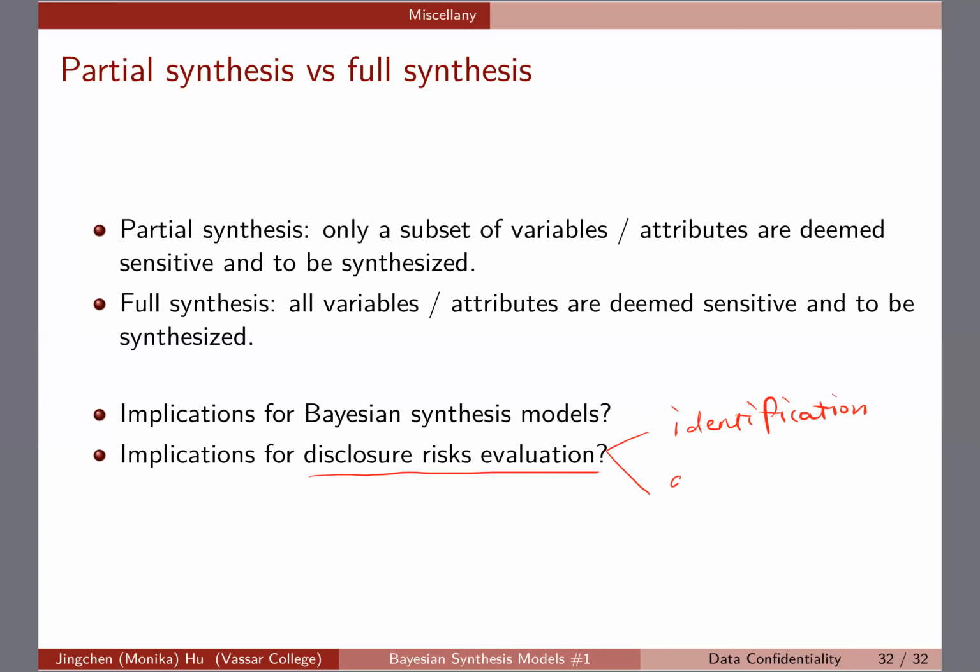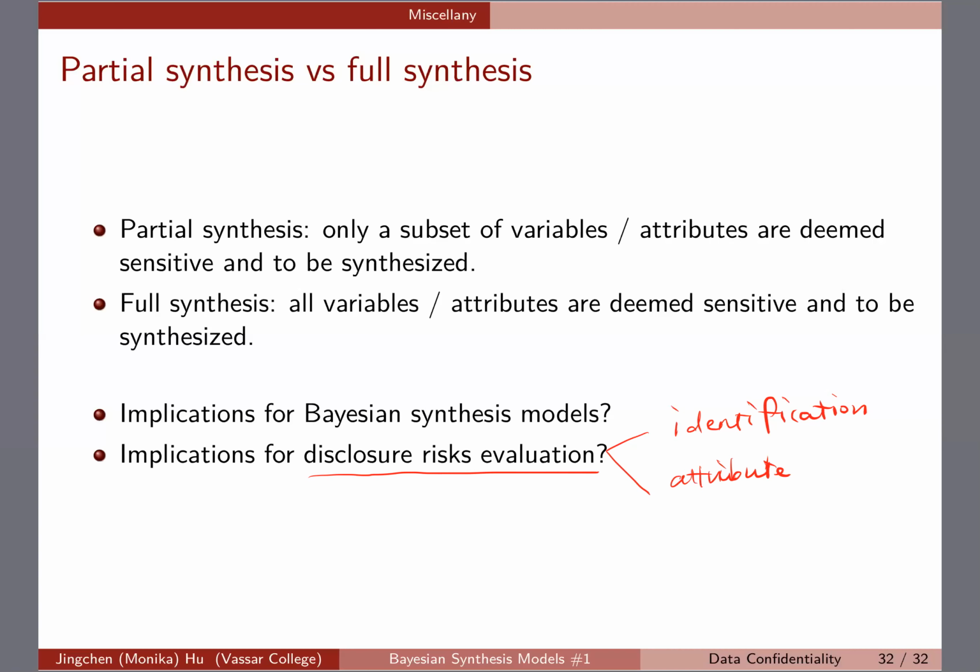And then attribute disclosure. Okay. So my question for you, for a quick discussion with your neighbors, is: when you do a partial synthesis, do you think both disclosure risks exist? If you're doing a full synthesis, do you think both disclosure risks exist?